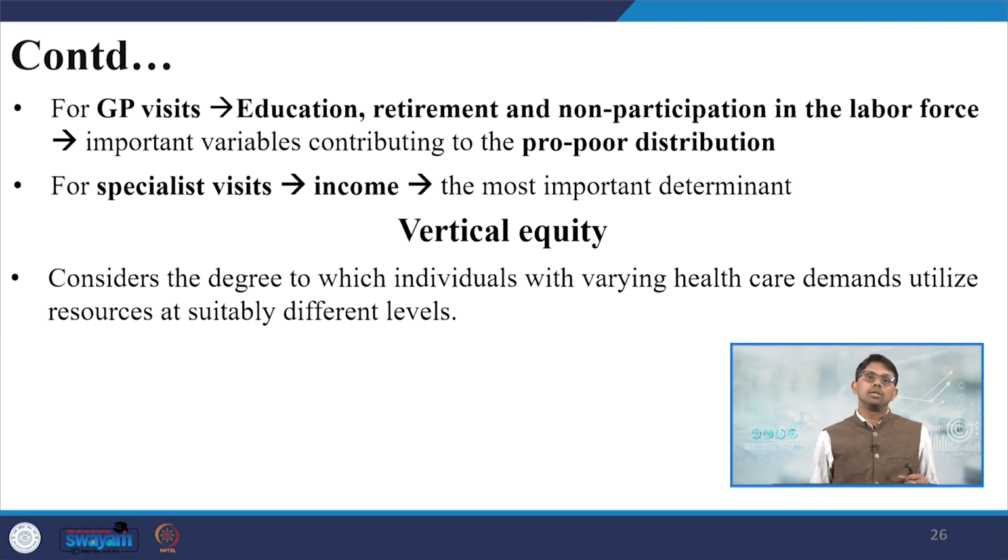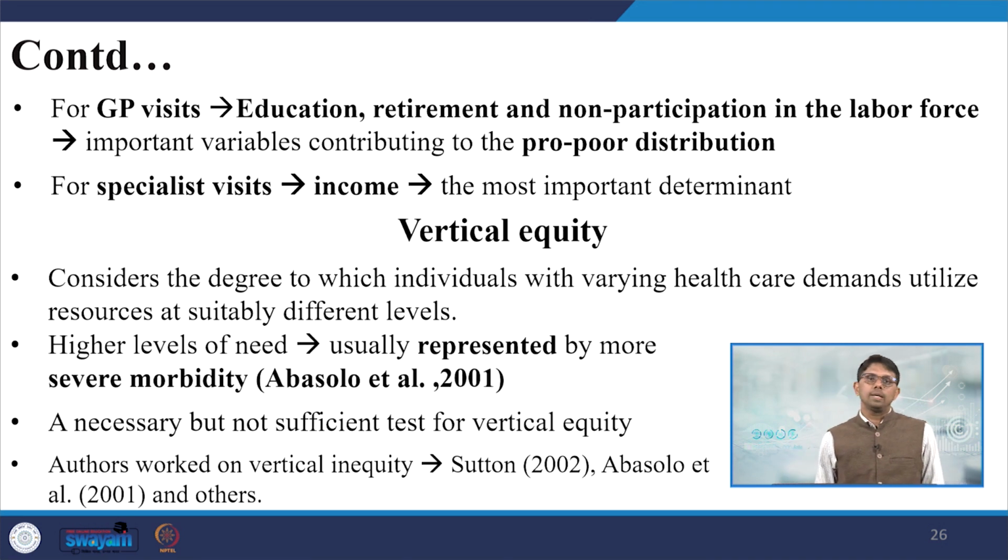This considers the degree to which individuals with varying healthcare demands utilize resources at suitably different levels. Higher levels of need are usually represented by more severe morbidity, because they tend to have higher need. So this is a necessary but not sufficient test for vertical equity.